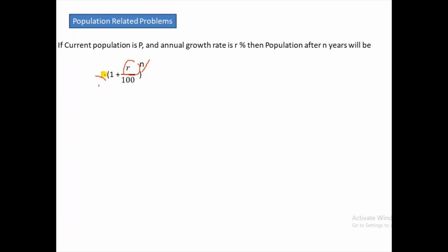If the current population is P and the annual growth rate is R%, then the population after n number of years will be, by this formula: P into bracket 1 plus R by 100, raised to n. Here P is the original population, this is the increment, and this is the number of years.